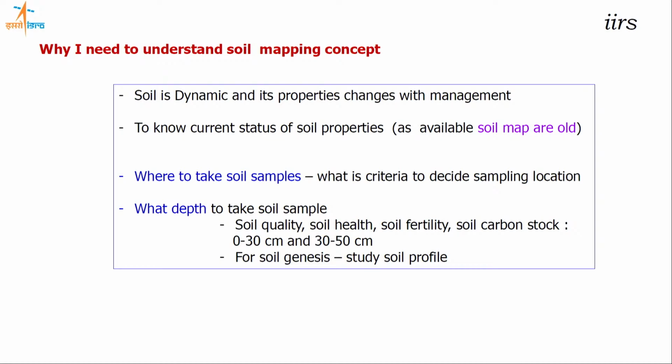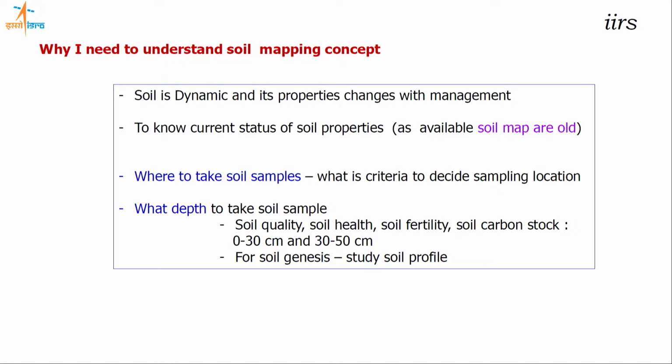Then the question comes, where to take the soil samples? Where do I decide that from this site or this place I will collect the sample? This can be answered once you learn the soil mapping concept.